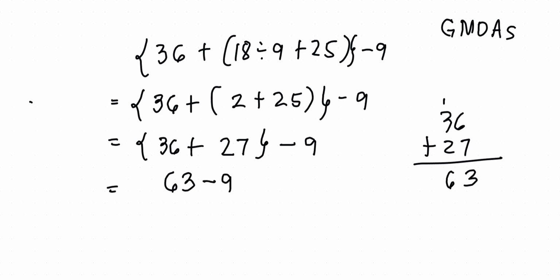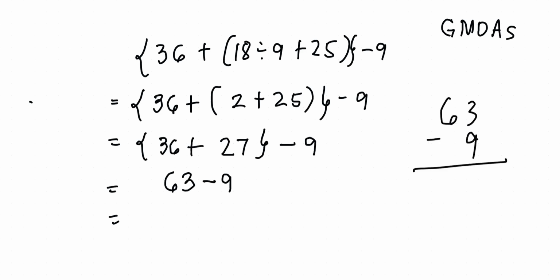Let's solve for now the 63 minus 9. 3 minus 9 cannot be. Okay, borrow from 6. This will become 5. 3 will become 13. 13 minus 9 is 4. And bring down 5. So your final answer here is 54.